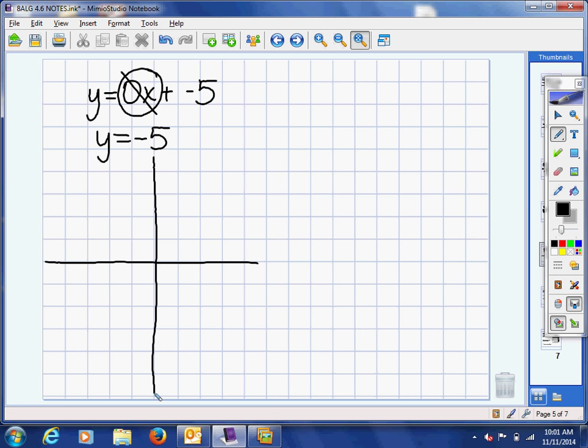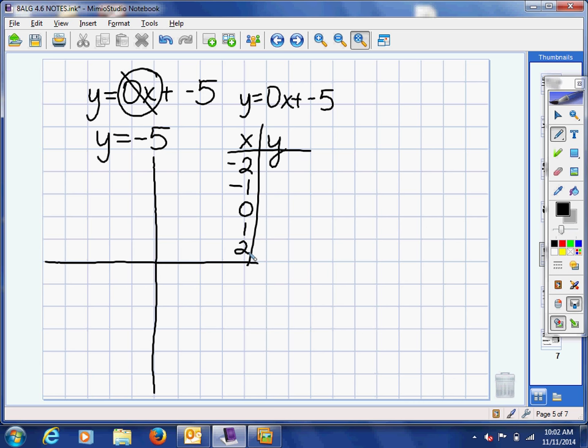If I did an XY table, I'm going to leave my 0x in there because I need to be able to plug something in for the x so I can find the y. So let's just do our typical points, negative 2, negative 1, 0, 1, 2, and I just want to show you something. I want to see if you can detect a pattern, okay?